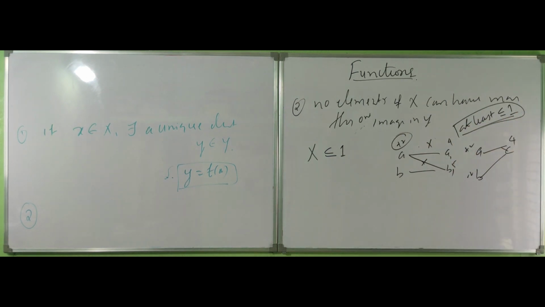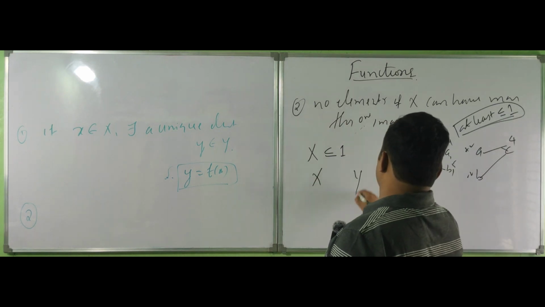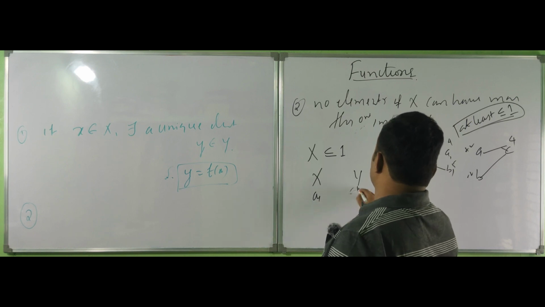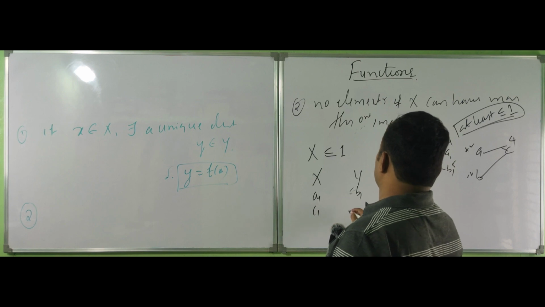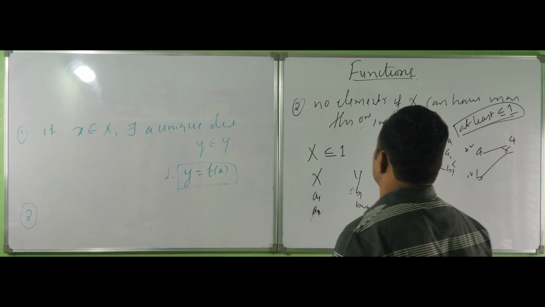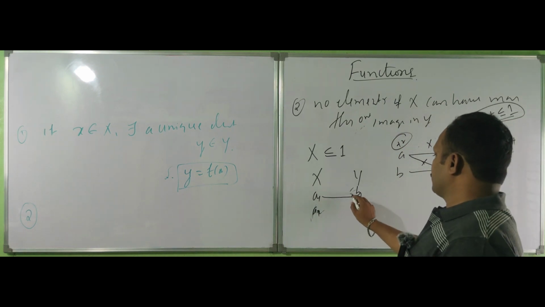Do you understand? This is X, this is Y. This is a, this is b; this is a1, this is b1, this is c1, this is a2, this is b2. Each element of X can have at most only one element.